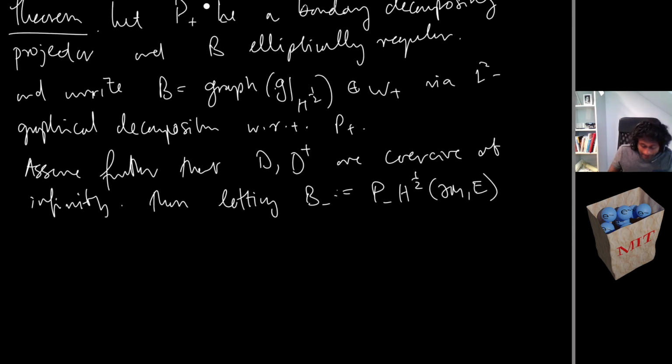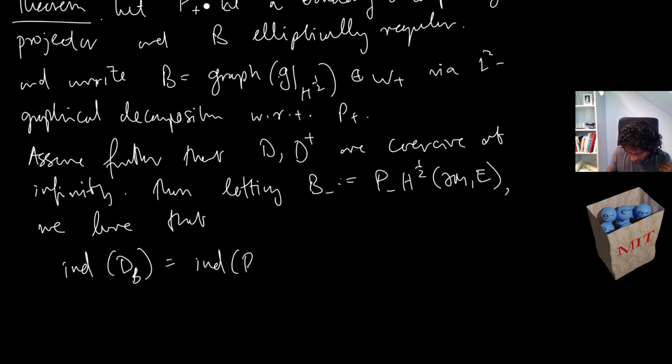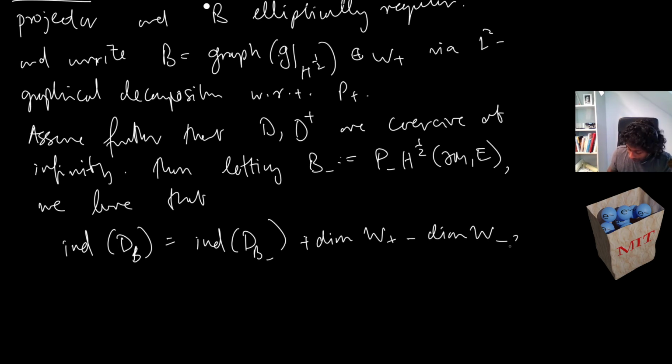Okay. We have that the index of dB, which is a general boundary condition, we can now write in terms of the index of this B minus, plus the dimension of W plus, so that's the amount of error here, but minus the dimension of W minus, where we have that B minus is equal to V minus plus W minus.